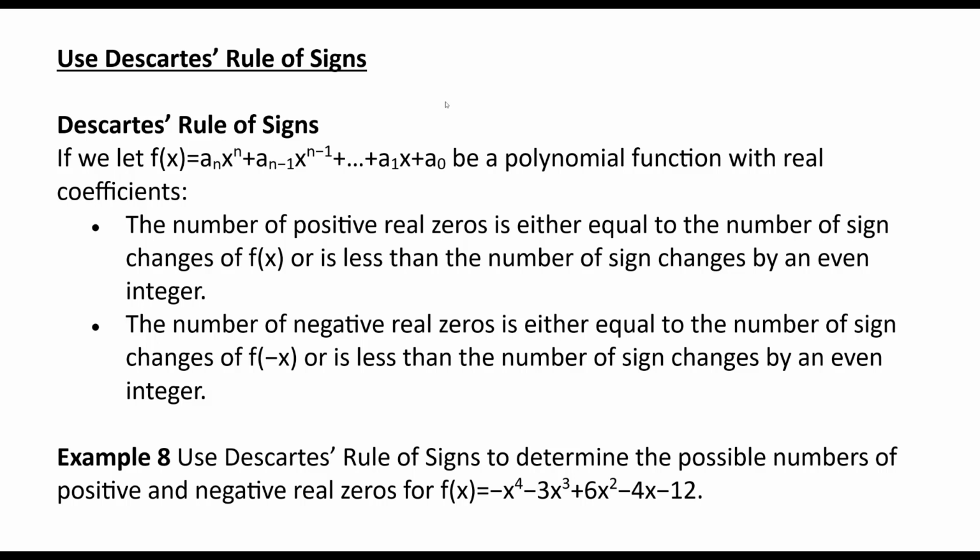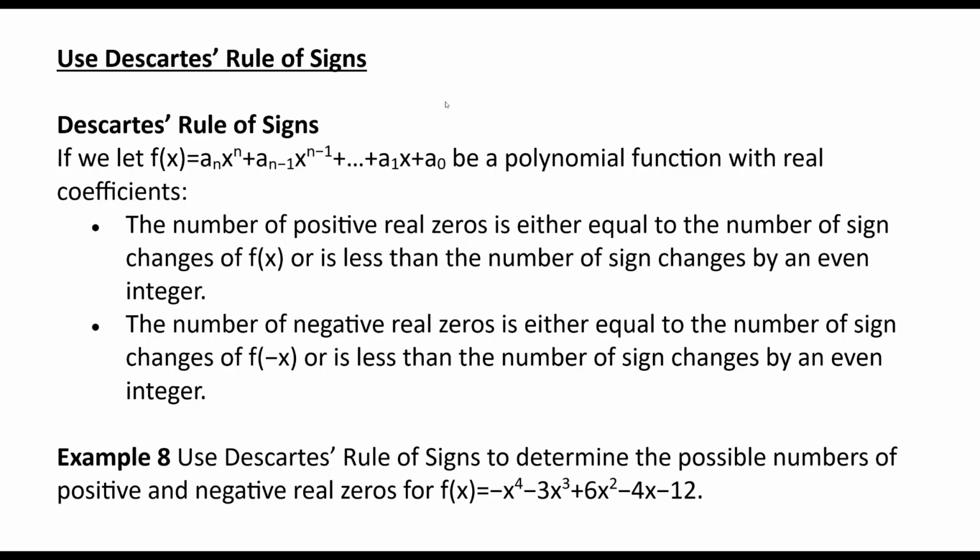the number of sign changes of f of x or is less than this by an even integer. Meaning if it changed 3 times, it could be 3 or go down by 2, an even integer, to 1. The number of negative real zeros is either equal to the number of sign changes of f of negative x or is less than that number of sign changes by an even integer.